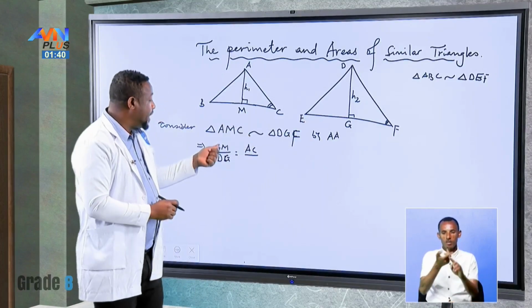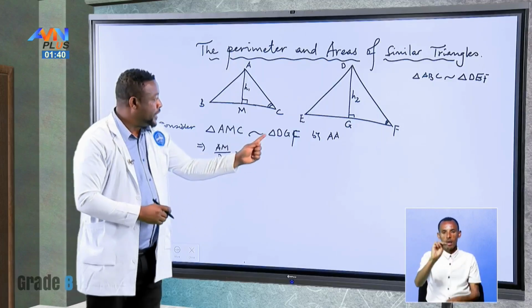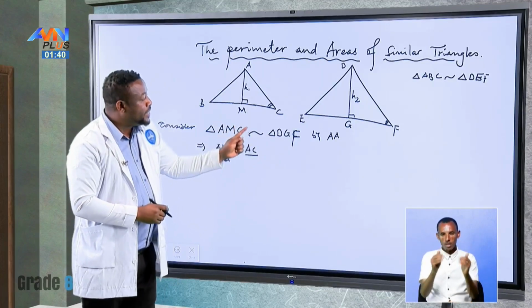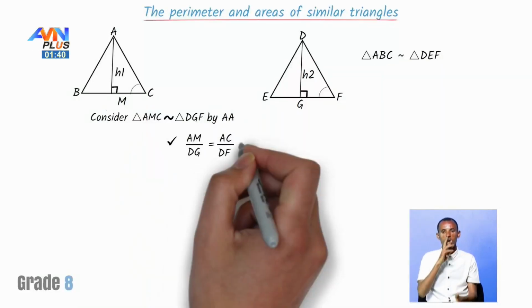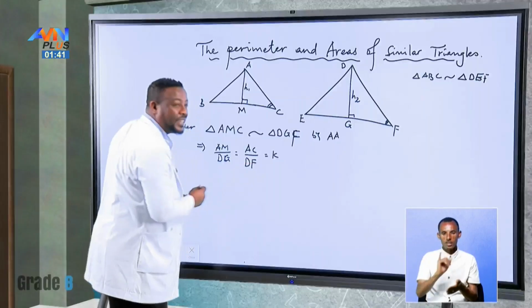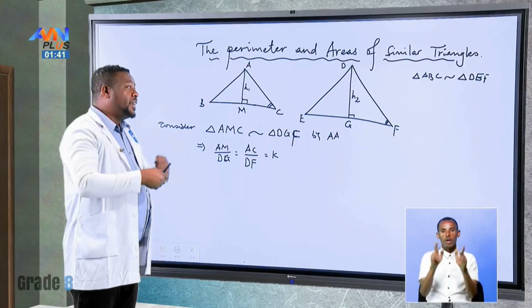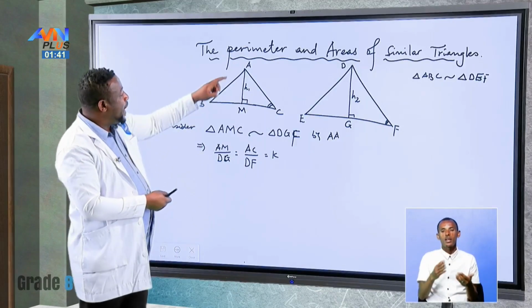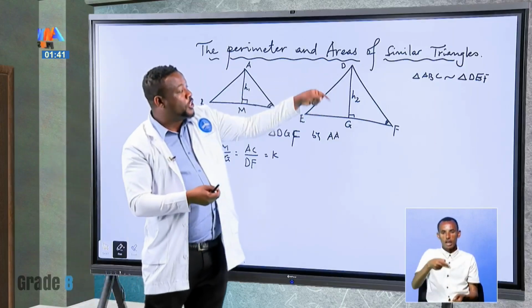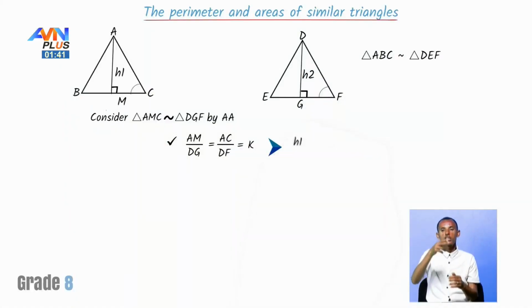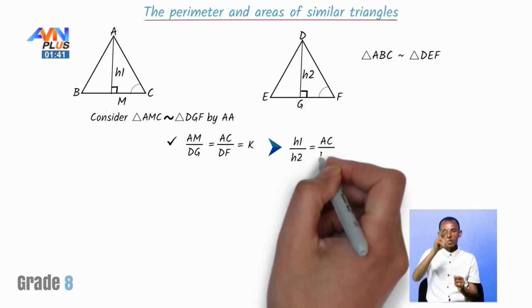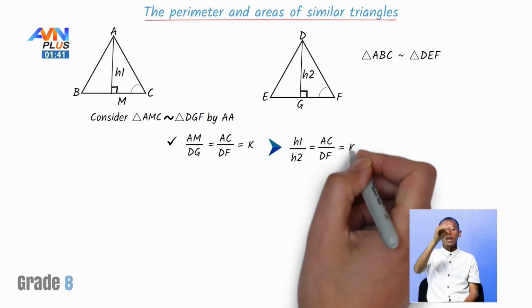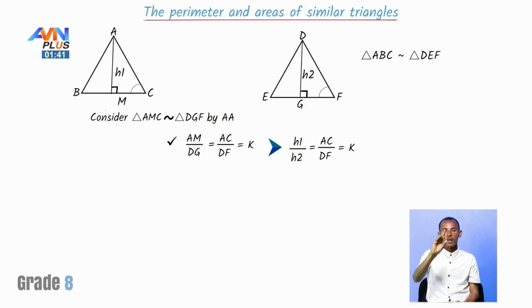So these are the same, and this is a certain constant K. To make things easier, let us replace AM by H1 and DG by H2. So this implies H1 over H2 is the same as AC over DF, which is exactly the same as a certain proportionality constant.